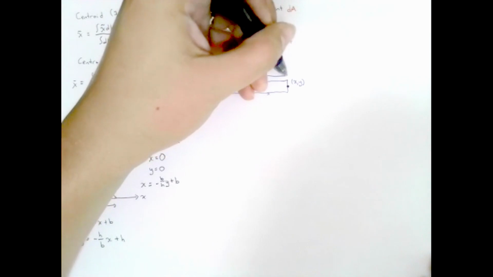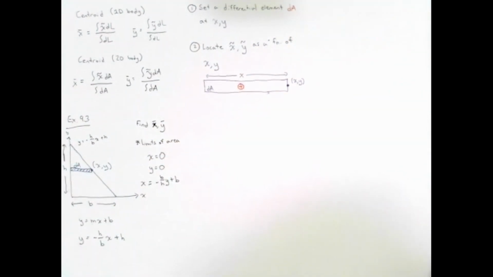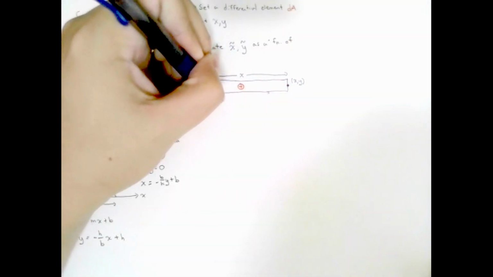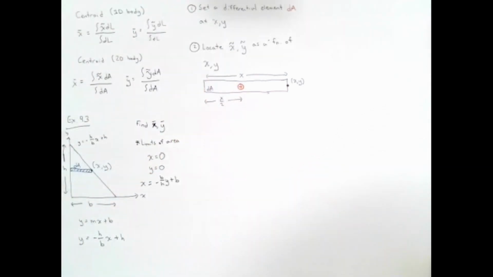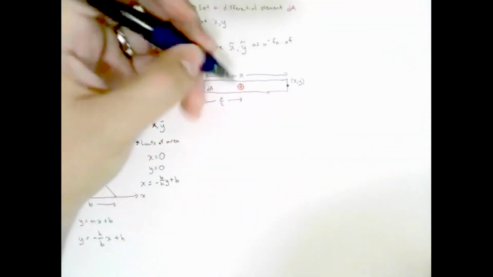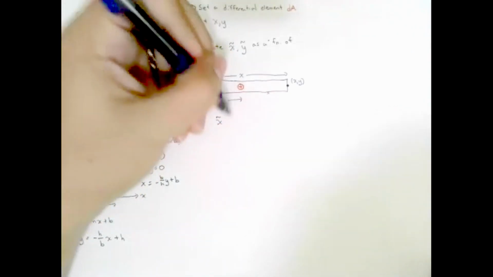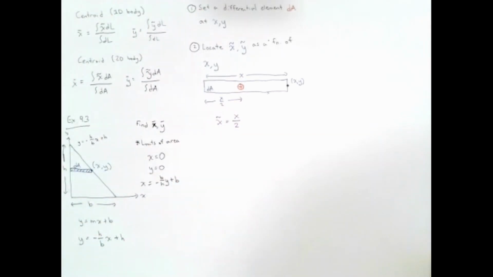What do you think is the coordinate of the centroid of the element? Just 1/2 x. Exactly, 1/2 x. I'll just call it x over 2. So the x coordinate of the element is x over 2. Therefore, I can say that my centroid x squiggly is equal to x over 2.